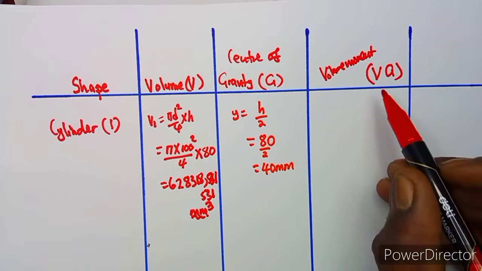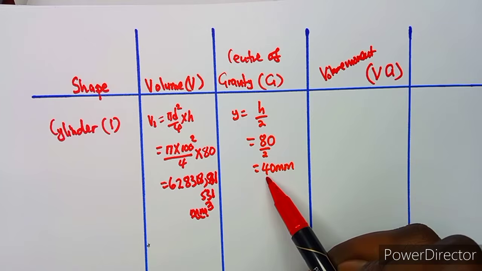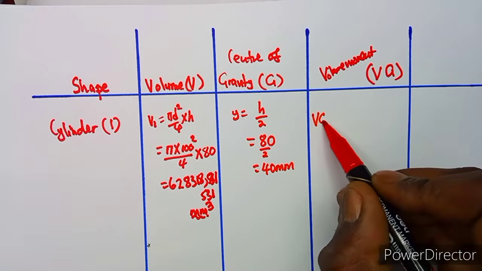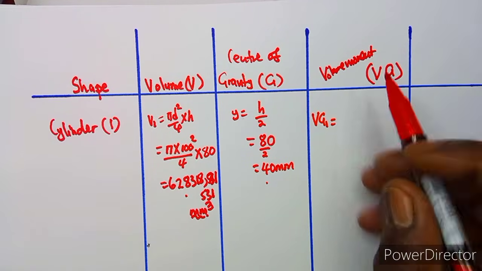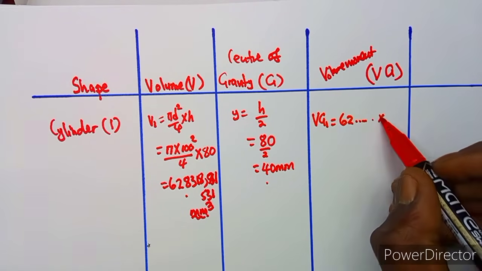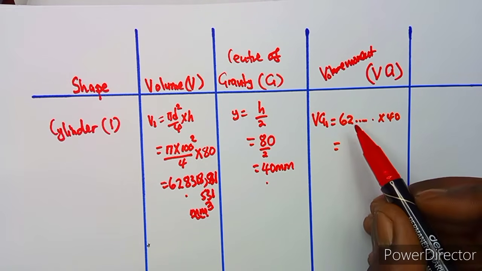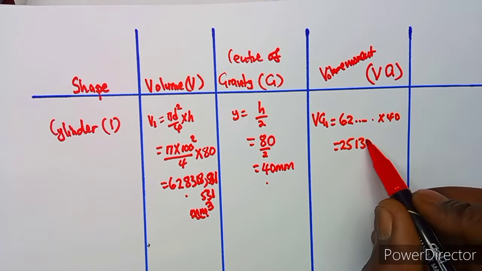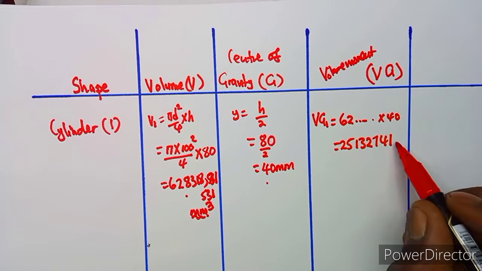All right. Then the volume moment is your volume times the center of gravity. You just multiply these two. So VG1 is going to be this value times 40, and you're going to obtain 2 513 274.124.